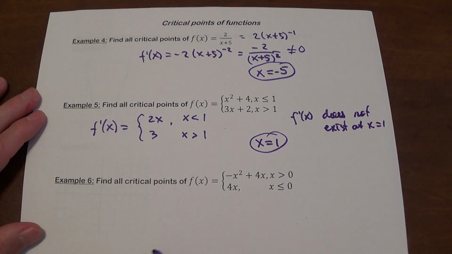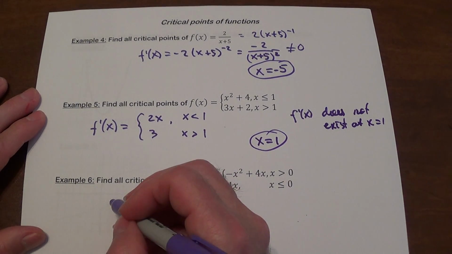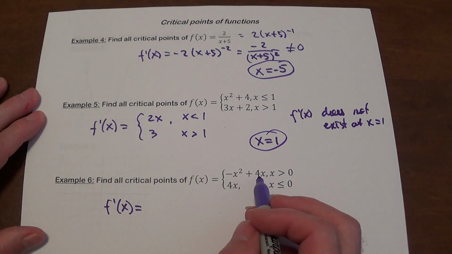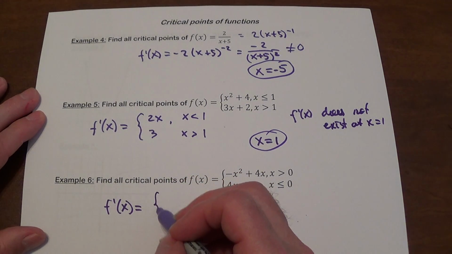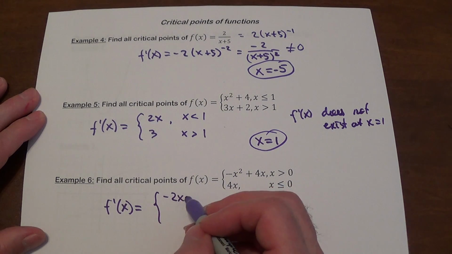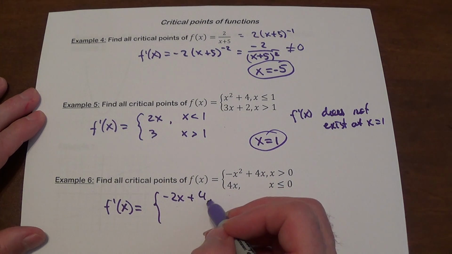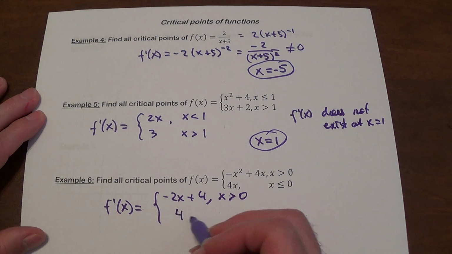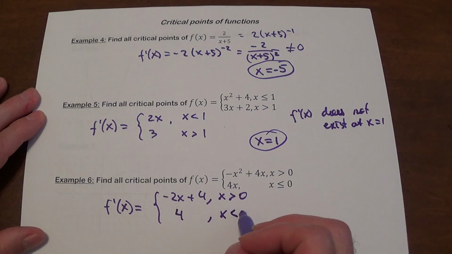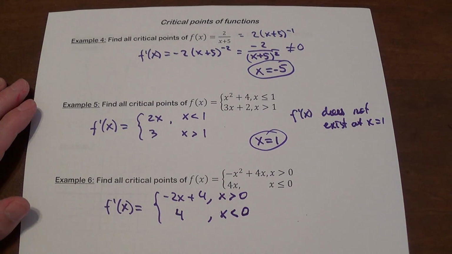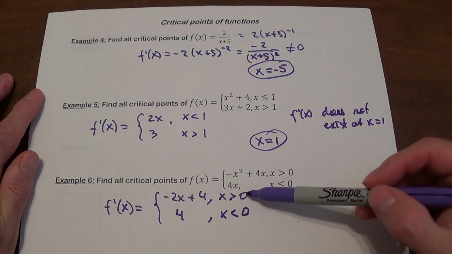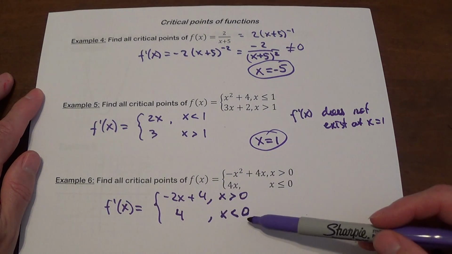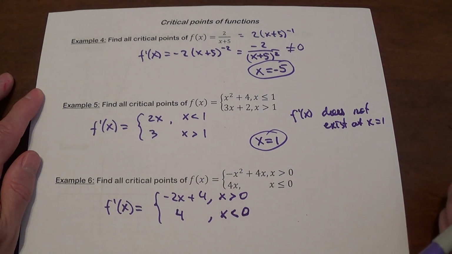Let's try to do it with example 6. So f prime here is going to be, we differentiate this quadratic, so that's going to be -2x plus 4 when x is greater than 0. Over here it's going to be 4 when x is less than 0. We have to check for equal. So what's going to happen? At 0, on this side, the derivative is going to equal 4. On this side, the derivative is always 4.